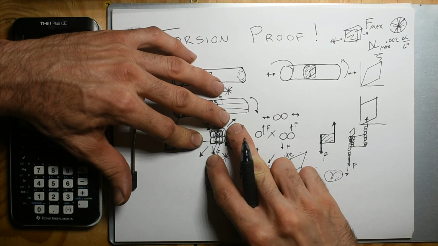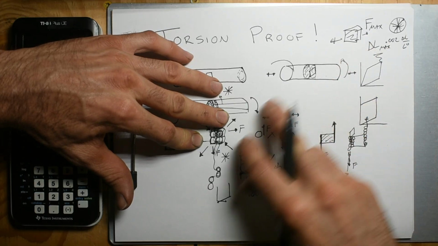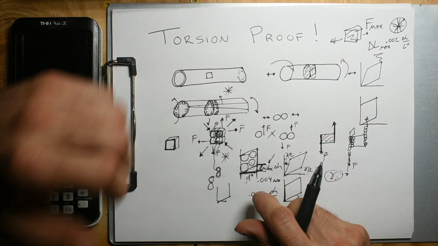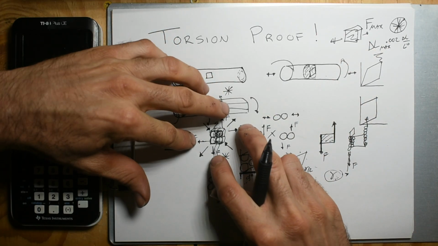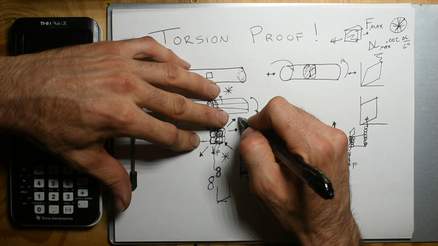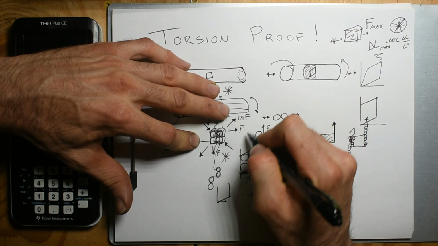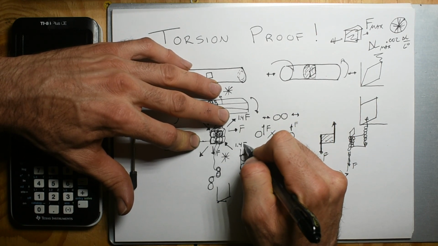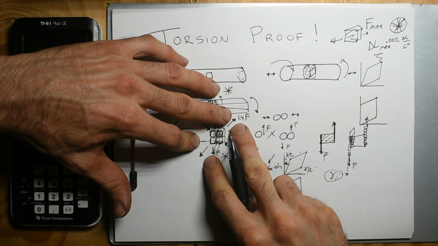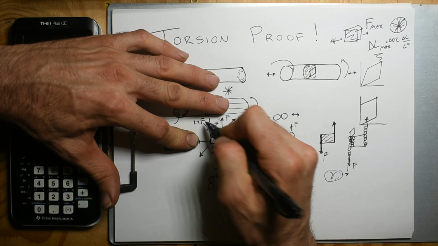And then we actually do go back to a fundamental perspective. When we do this, what do we get? This is going to be a 1.4F, and this is going to be a 1.4F, I think. Don't quote me on that.